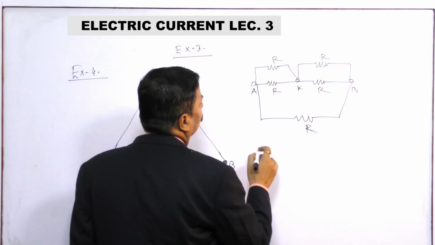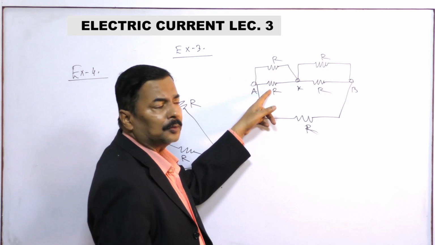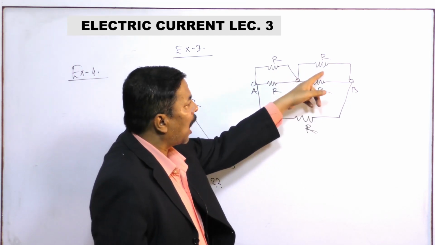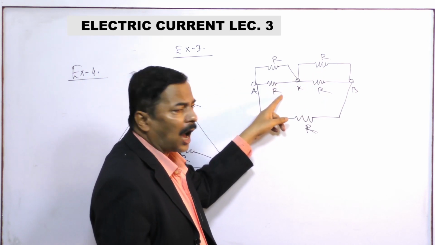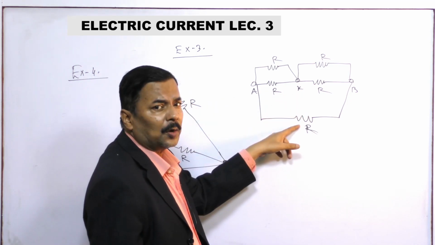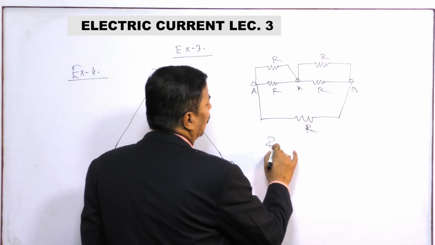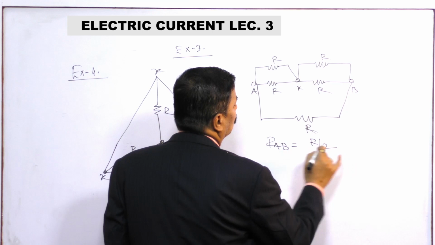So this is R and R, R by 2. This is R and R, R by 2. So R by 2 and R by 2 are in series, so R, and then this R and this R are in parallel. So RAB is how much? That is R by 2.